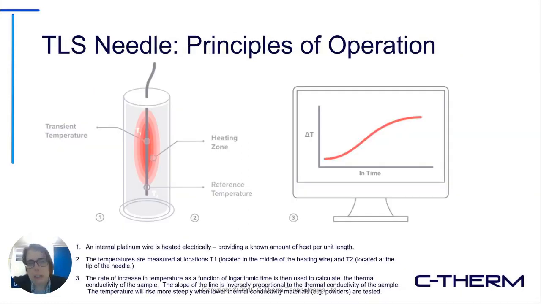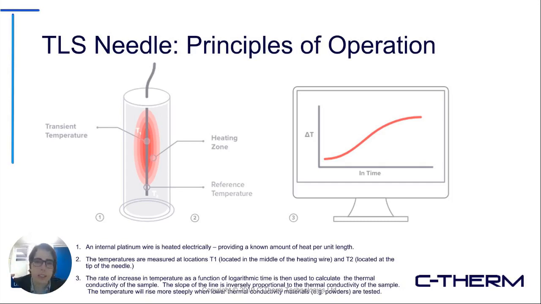The principles of operation of this test method are fairly straightforward. The method approximates the heater, or heat source in this case, as an infinitely thin straight line. In a real world scenario, you have a finite length of heater wire, and in the middle of that heater wire you place your first thermocouple junction.